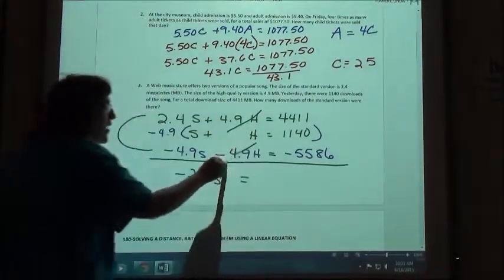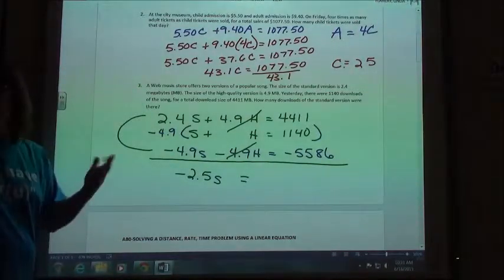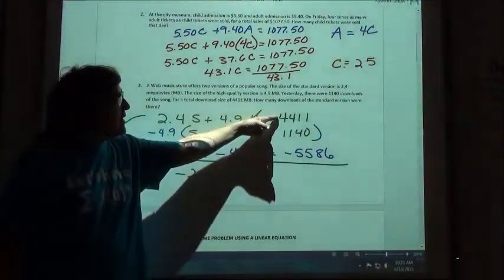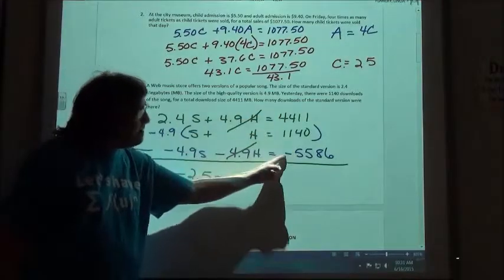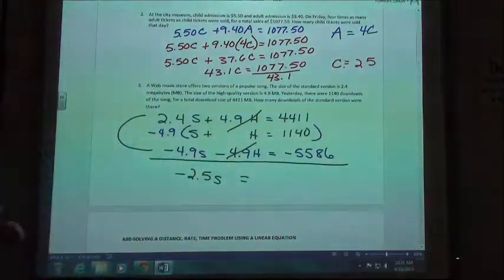This is going to cancel that out, so we don't have to worry about the H's. That was our whole point. Over here, we're going to take the 4,411 minus the 5,586.